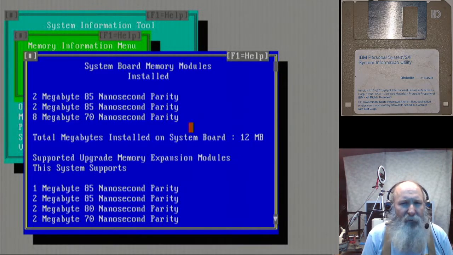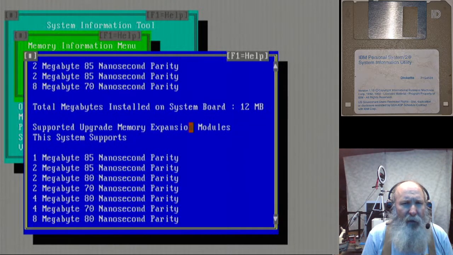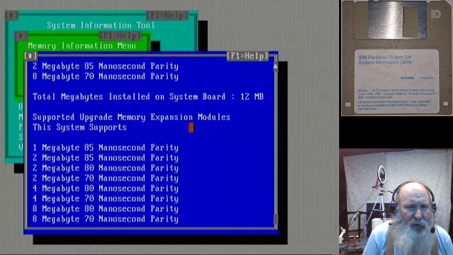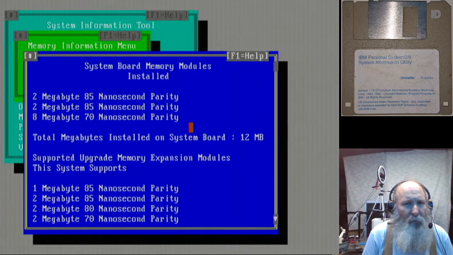And now we have the full 12 megabytes of RAM, and it even tells what the system supports in this case: 1 megabyte and 2 megabyte modules, 4 megabyte modules, and the speed of those. So very informational for the memory component.